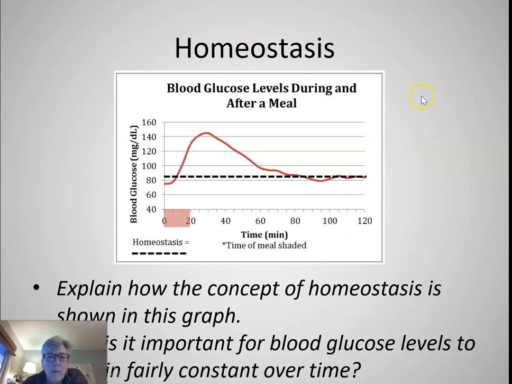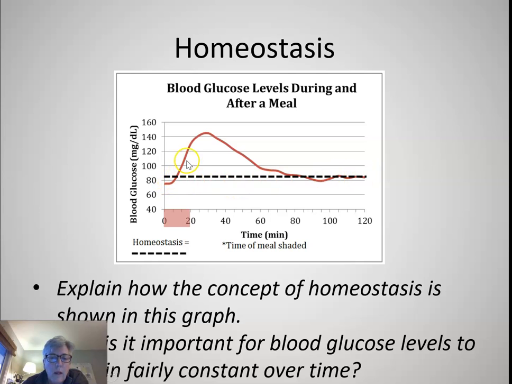Of blood glucose levels after a person eats. The shaded area here is when they ate. So between 0 and 20 minutes, they ate some food. The black dashed line is the level of glucose that's considered isotonic or physiological, or when the body is in homeostasis.